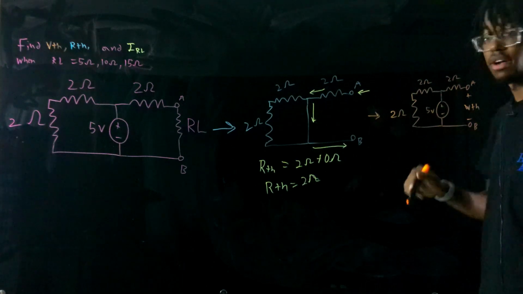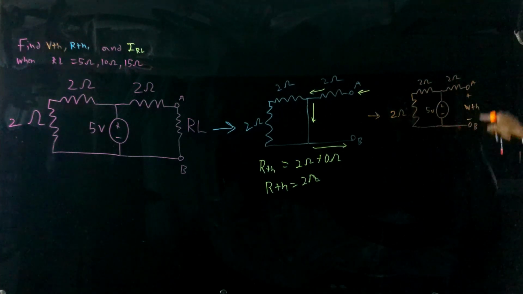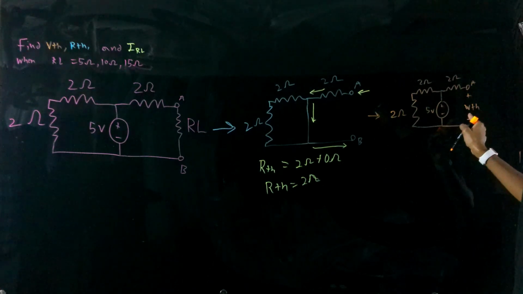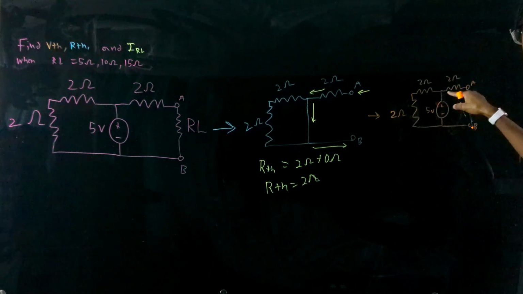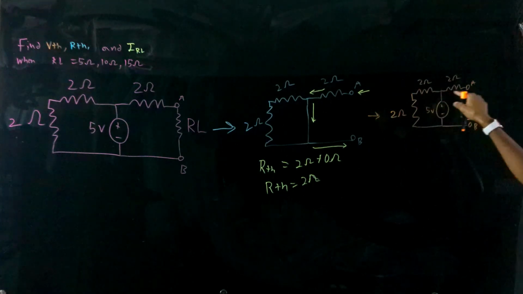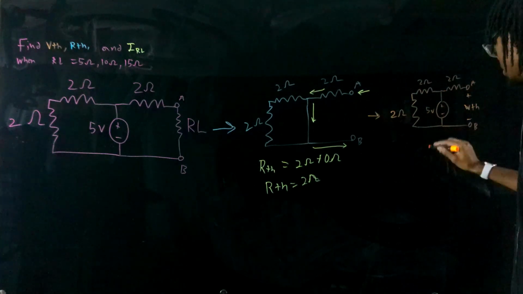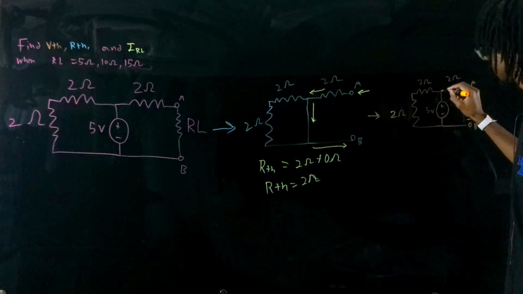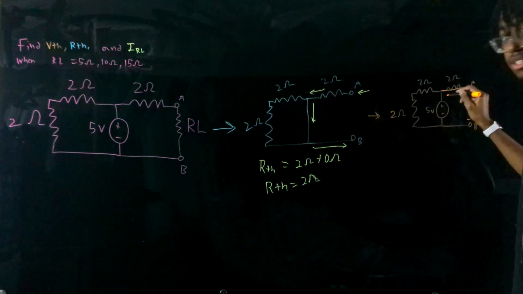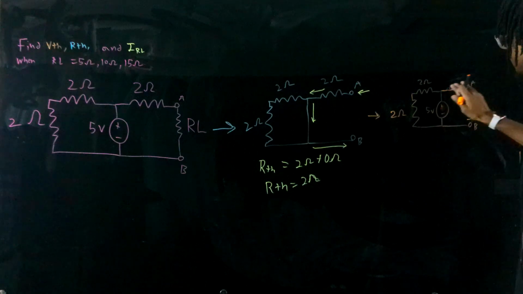And then our next step is to consider that if A and B are technically an open circuit, that means that the 2 ohm resistance has 0 current flowing through it. So effectively, we can ignore the 2 ohm resistor, basically consider it a short circuit.